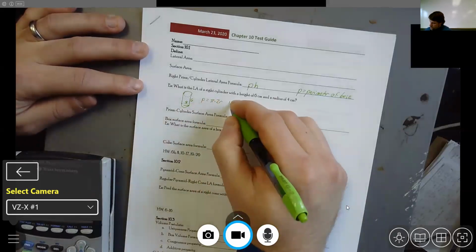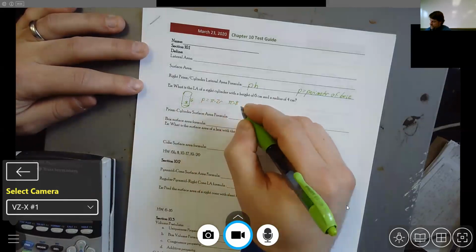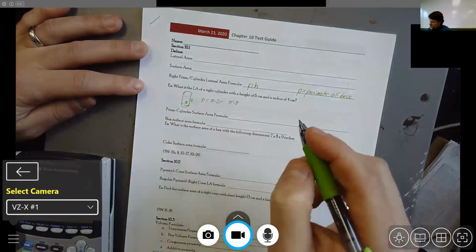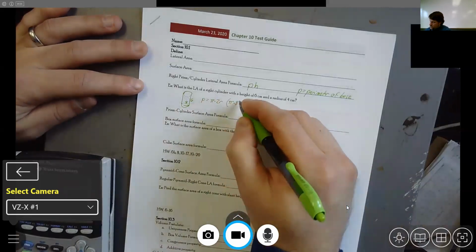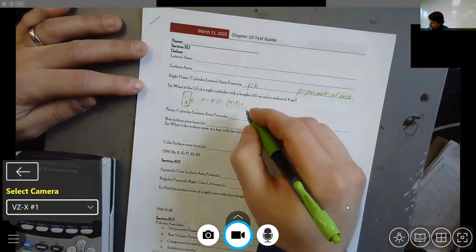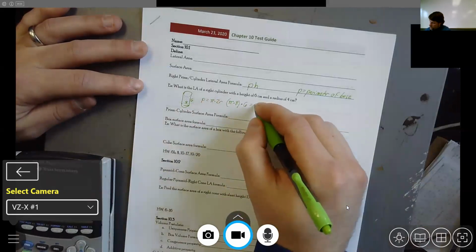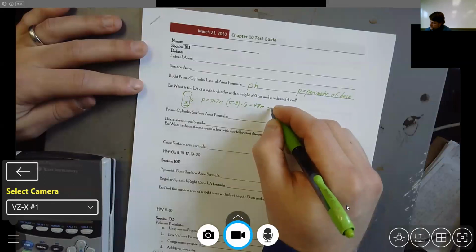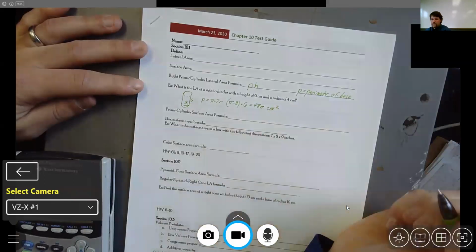So in our case, it's going to be pi times 8. That's the perimeter of the base, the circumference. Then to find the lateral area, we multiply that by the height, which in our case is 6. So you get 48 pi. And that would be centimeters squared, because we're talking about area, so the units would be square.